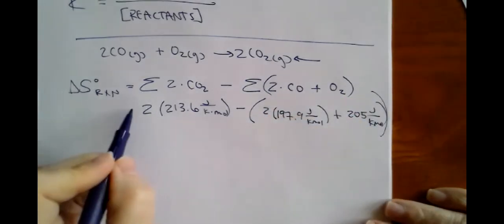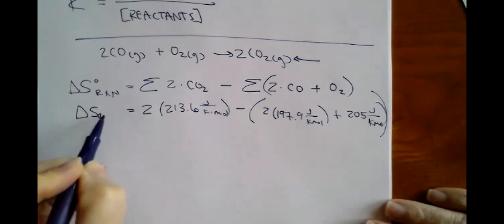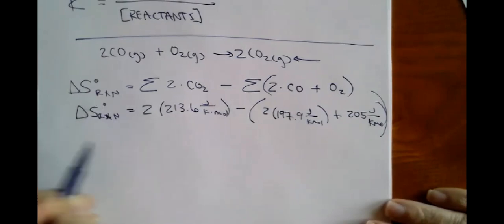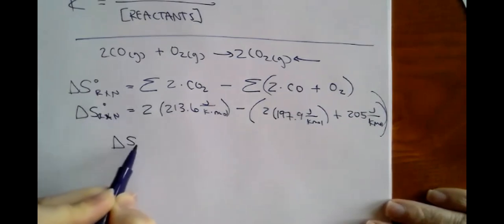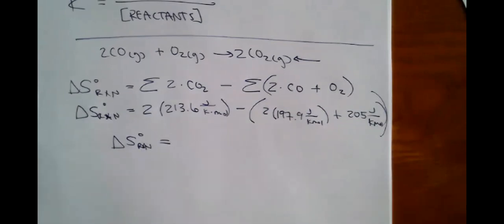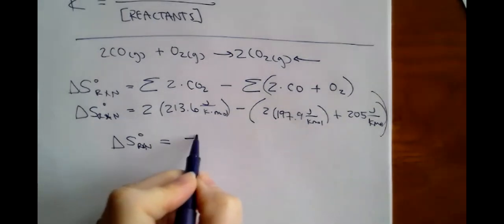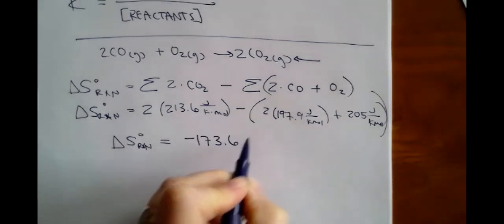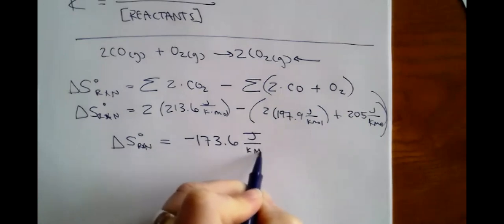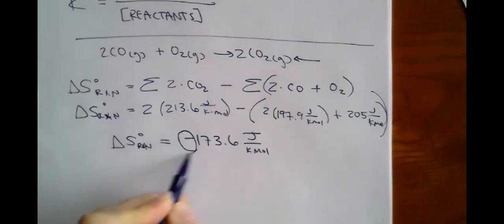I didn't need that one. Whoops. So delta S of the reaction, at this point, it's just plug and chug. And hopefully if you sum that, you get the same answer that I do, which is negative 173.6 joules per kelvin mole.